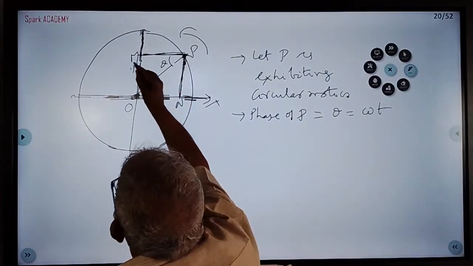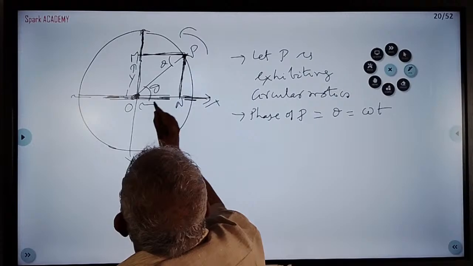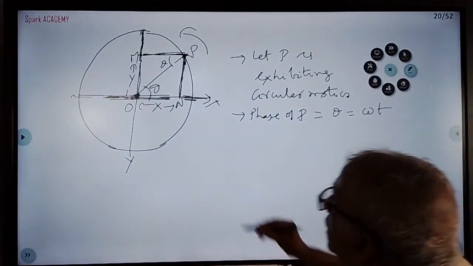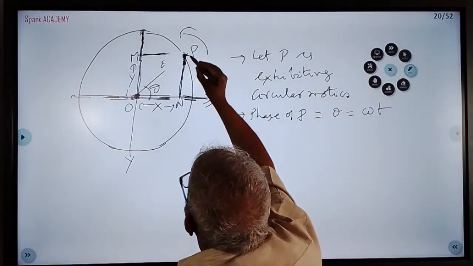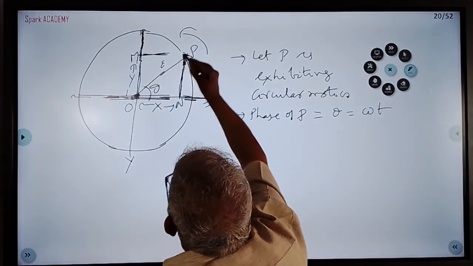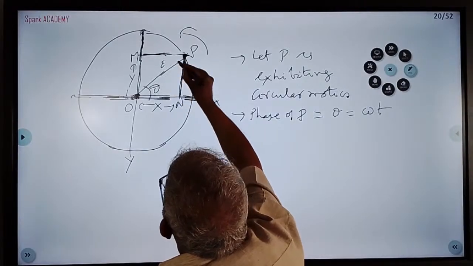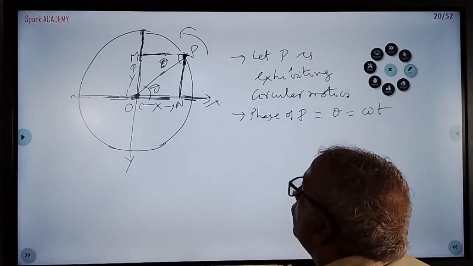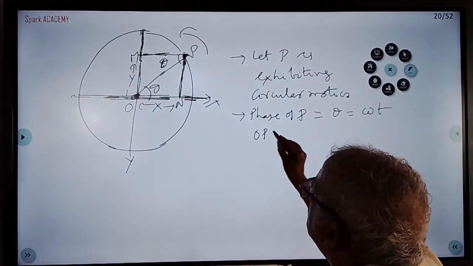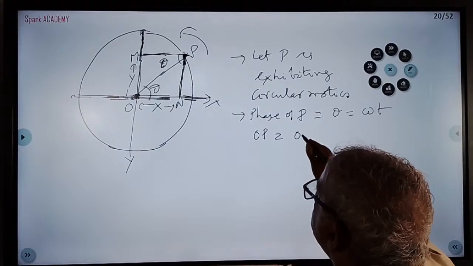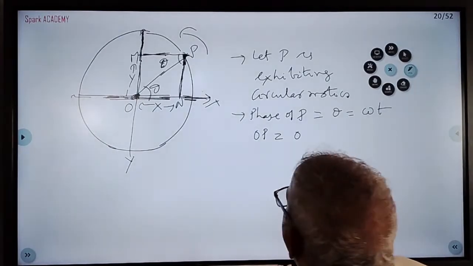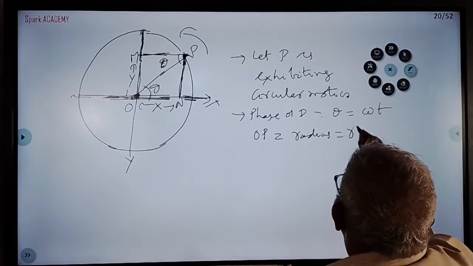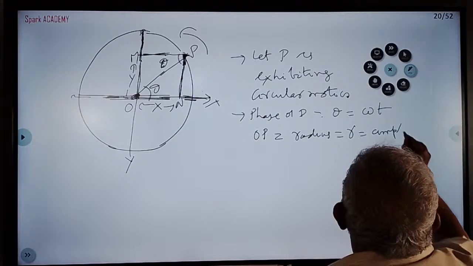OM is the displacement, y; OM displacement is x. OP is nothing but the radius, or they will say amplitude A also.